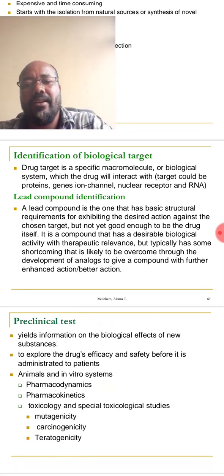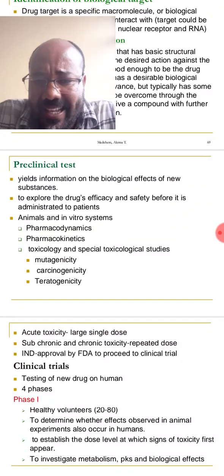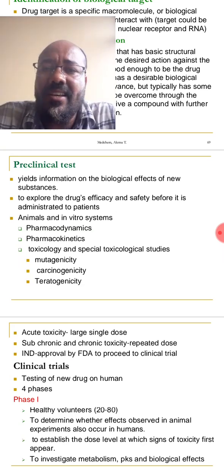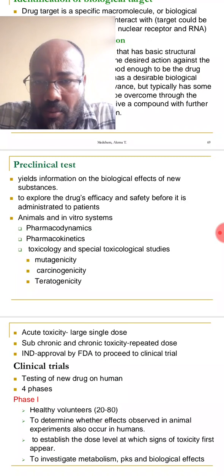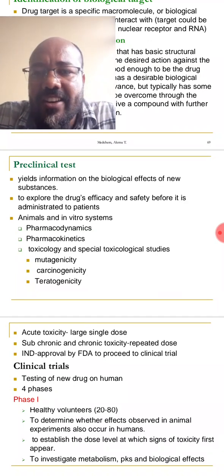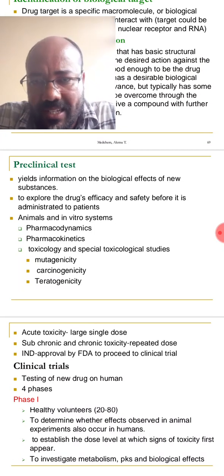And the fourth one, preclinical test. Testing the new drug, the new compound, in an animal model. This yields information on the biological activity of a new substance or new compound.